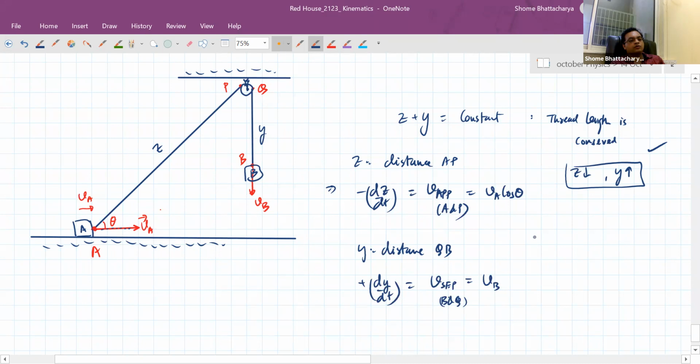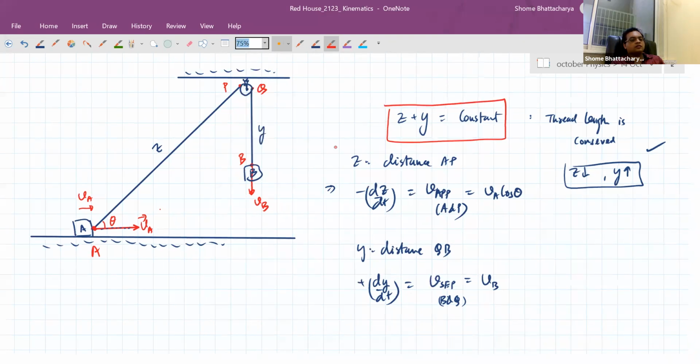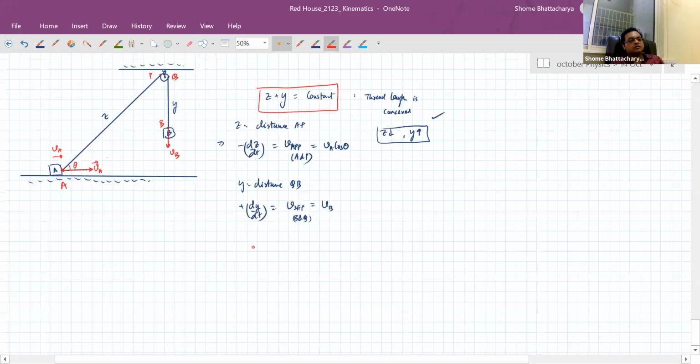So I've got 2 constraint relations now from this. So using this fact that z plus y is constant, since z plus y is a constant, the rate of change of z plus y, dz by dt plus dy by dt, is equal to 0.